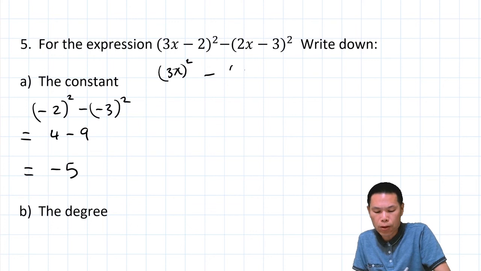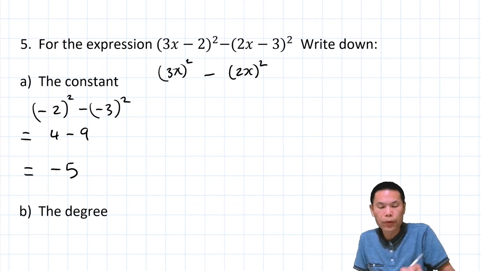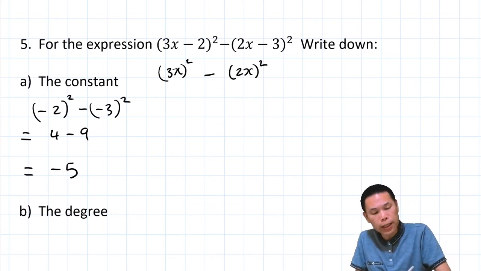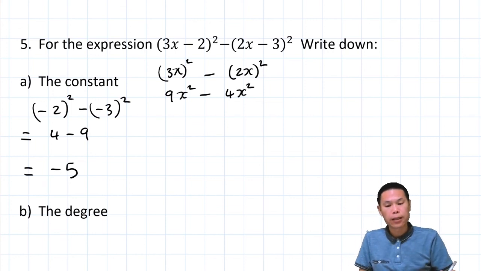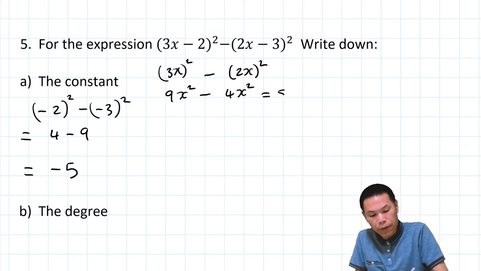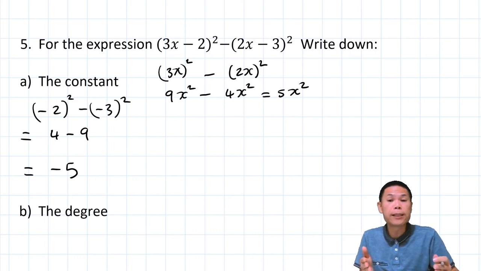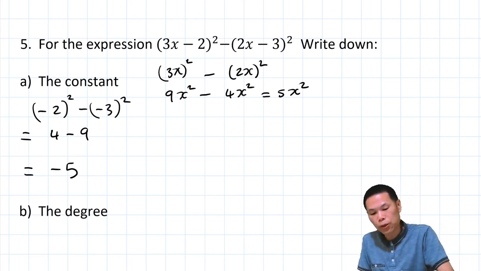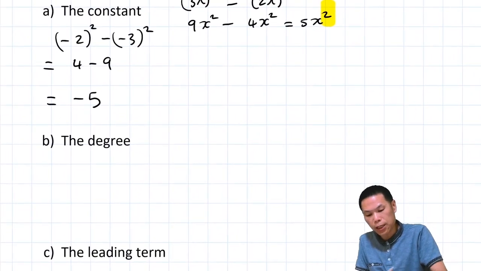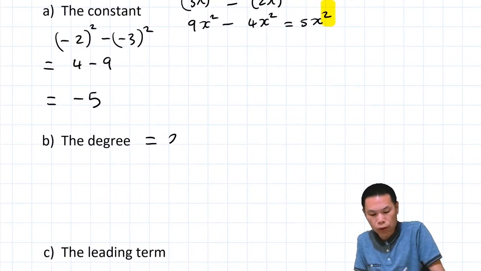So therefore, 2x square. Then 3x square is 9x square, minus 2x square is 4x square. Then the answer is 5x square. So this is the leading term. So therefore, the degree of this expression here is 2. So I just write 2 down.